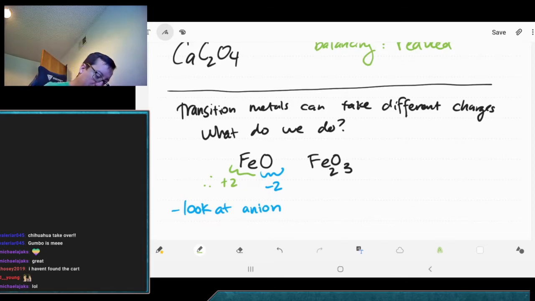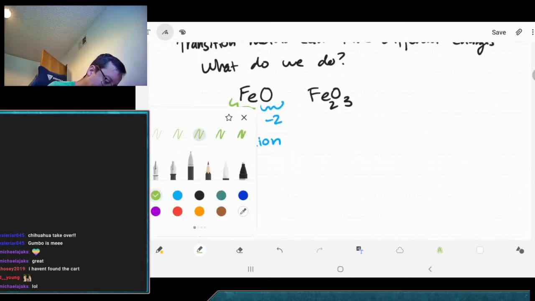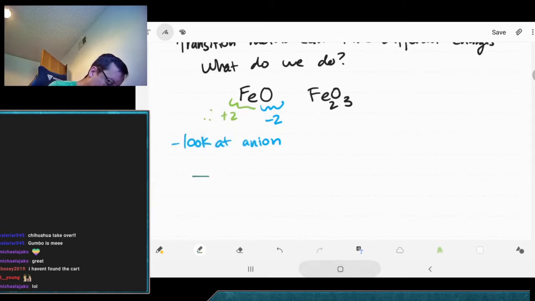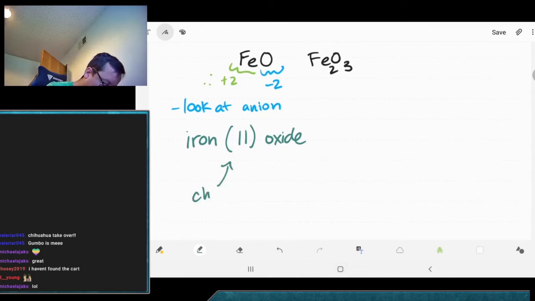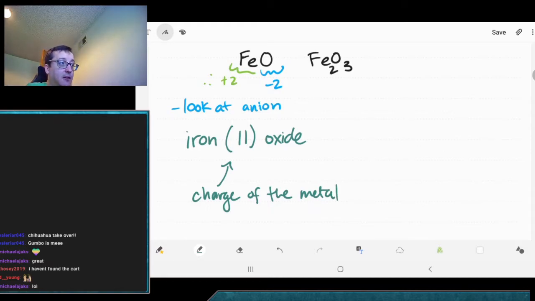And we would therefore write this in the following manner. We're going to write it as iron, which is Fe, 2 oxide. We put here the charge of the metal. And this is only for metals that take variable charges.